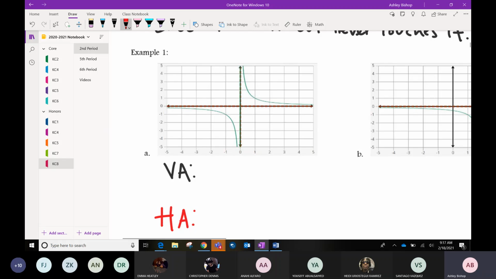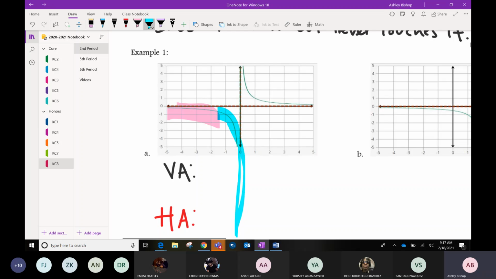So vertical asymptote means what number going up and down is my graph getting very, very close to but never touching. So you're going to look at the ends of your graphs going up and down. So here's one of my graphs. And my graph starts to go vertical. I hope you agree with me that my graph is horizontal around here, and then starts to go vertical over here.